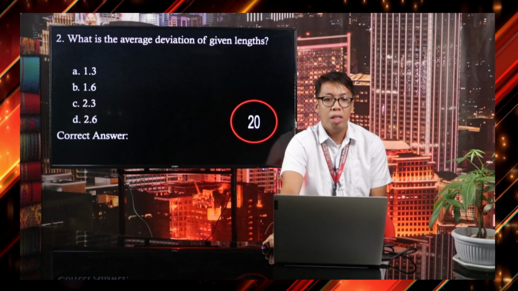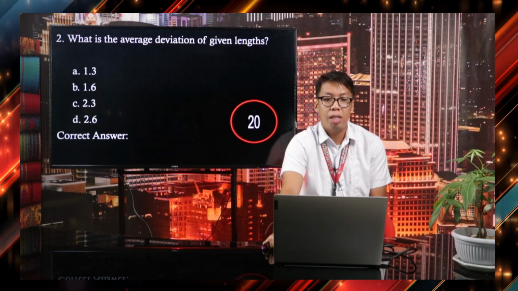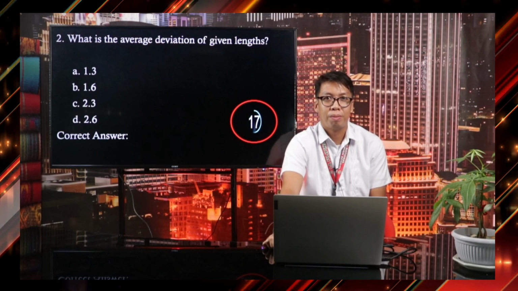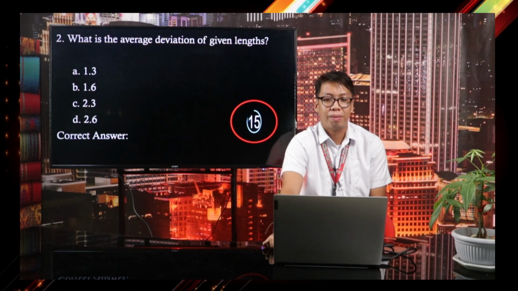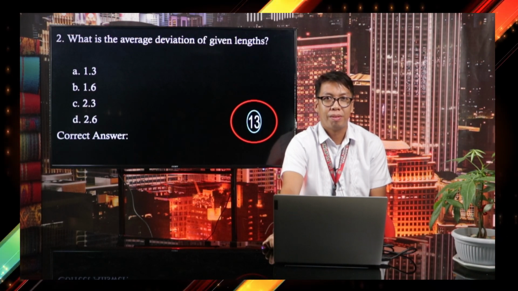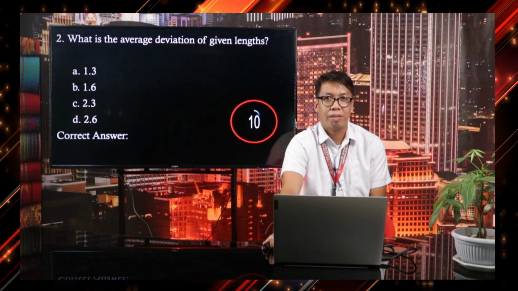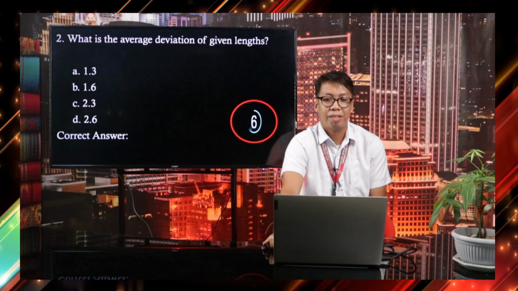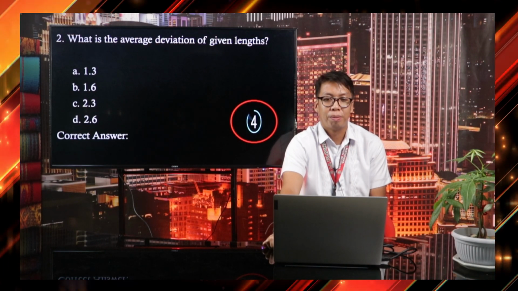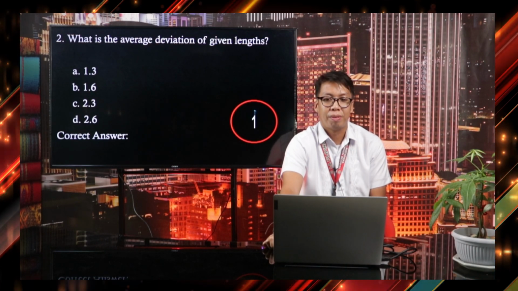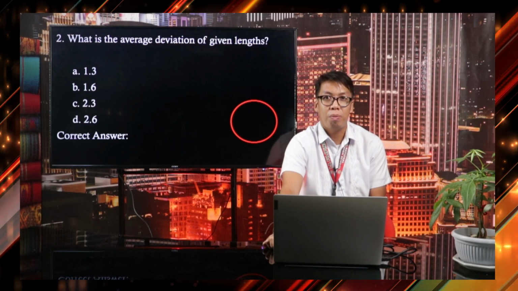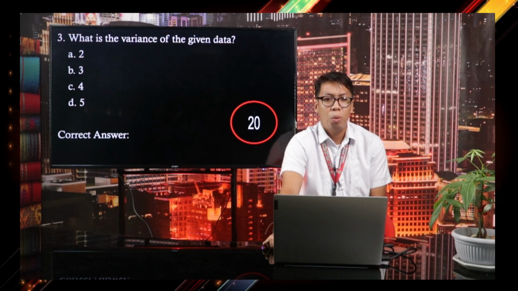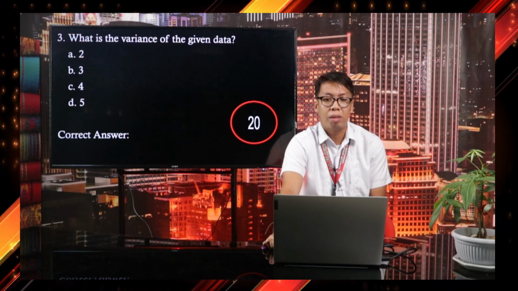Number 2. What is the average deviation of the given lengths? Time is up. The correct answer is letter B. Number 3. What is the variance of the given data?